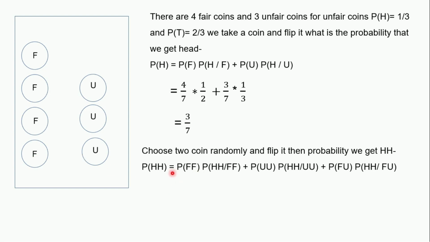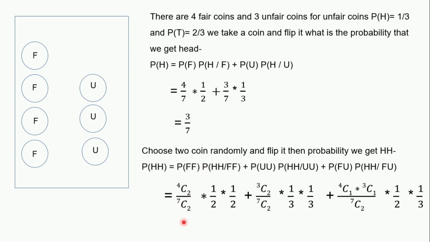So the probability that we flip 2 fair coins becomes 4c2 upon 7c2. That's why we are writing it here. And the probability that we get head given that we flip a fair coin becomes 1 by 2. Similarly here it is 1 by 2 also, because we are flipping 2 coins, both are fair coins, and we get head both times. Therefore we write 1 by 2 into 1 by 2.